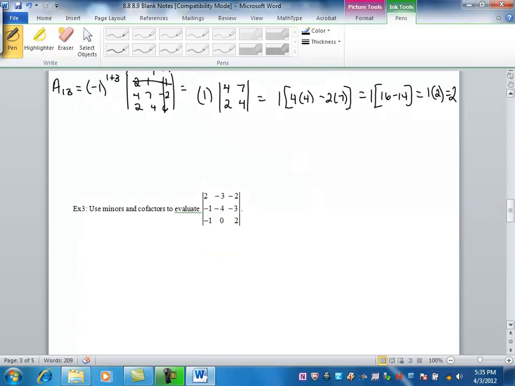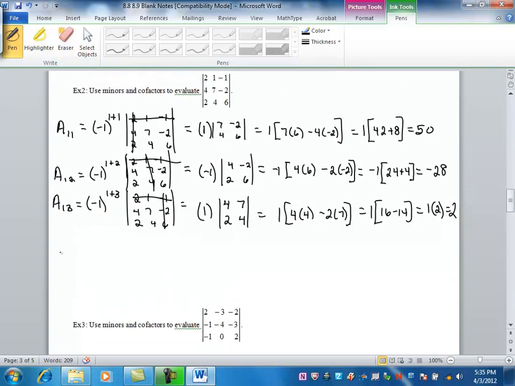Now, the determinant of my matrix A is equal to the element in row 1, column 1 times that particular cofactor, plus the element in row 1, column 2 times that particular cofactor, plus the element in row 1, column 3 times that particular cofactor.